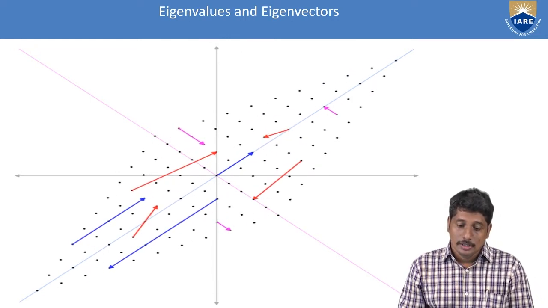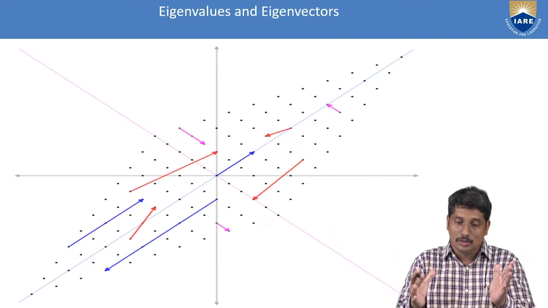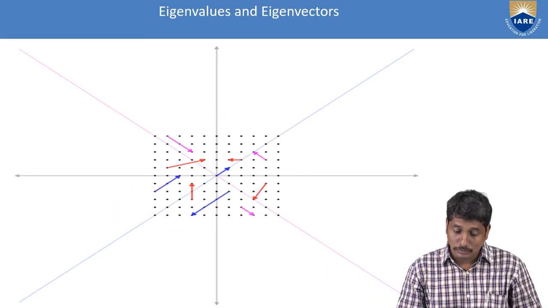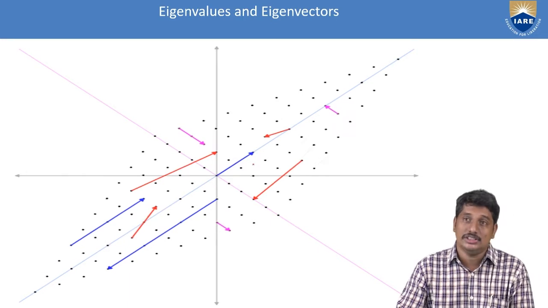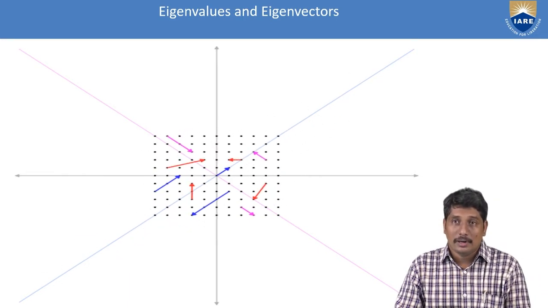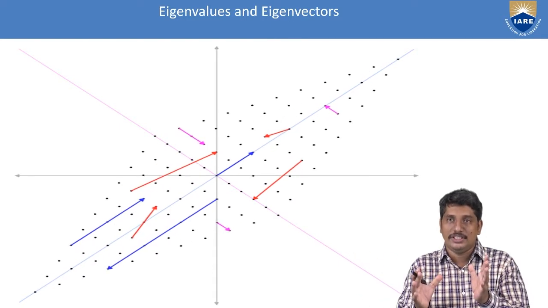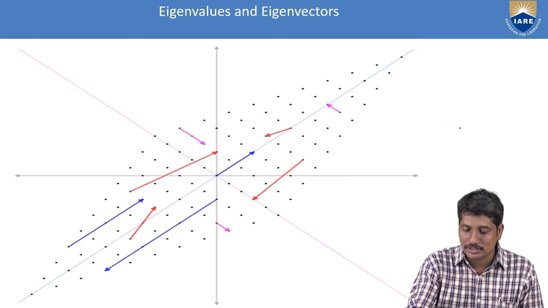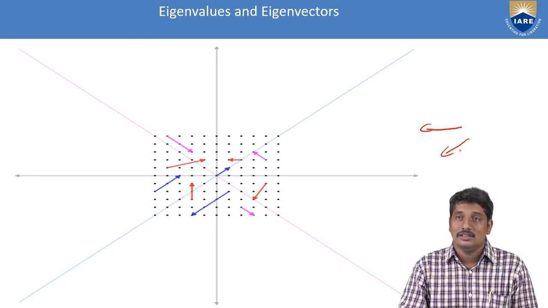Whether the plane is in the original shape or expanded, the direction of blue vectors is not changed. But the red vectors, if you keenly observe, before expansion it is going in some direction, and after expansion it is going in another direction.